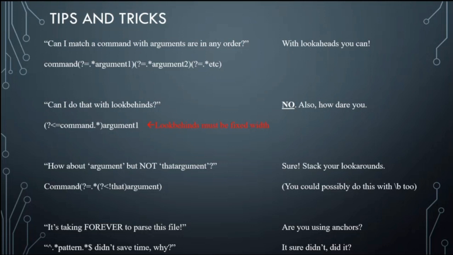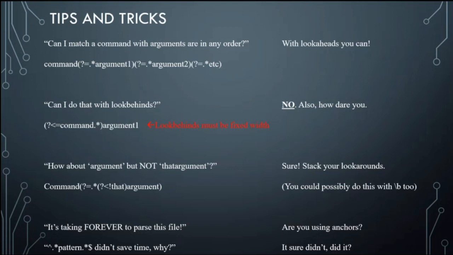And if I wanted this argument but not that argument, I can nest my look arounds. So I can say argument with a negative look behind of that. And because it is a fixed width, it's only 4 characters, it knows and will process on that. And I could have done this with a \b if I wanted just argument. But if I wanted specifically not that argument, but say this argument is okay, then that works as well.